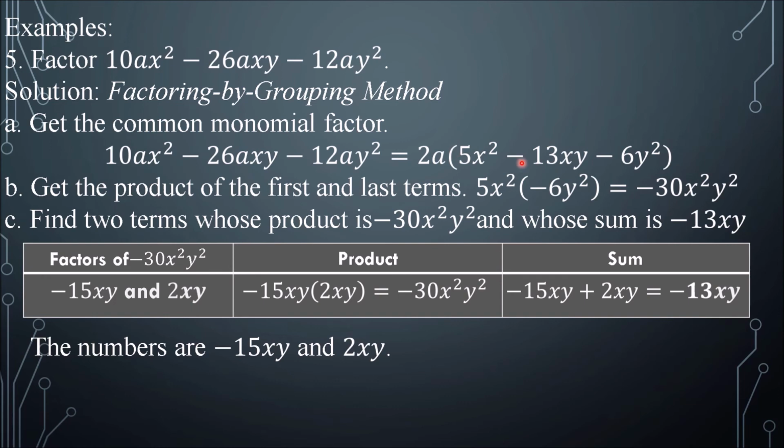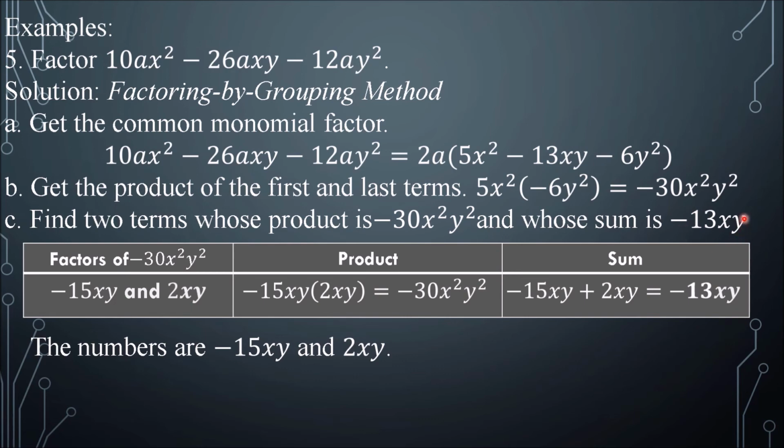Now, as you can see, this is a trinomial in which the value of a is 5. Now, we'll start again with getting the product of the first and last terms. 5x squared times negative 6y squared, negative 30x squared y squared. We need to find two terms whose product is negative 30x squared y squared and whose sum is negative 13xy.